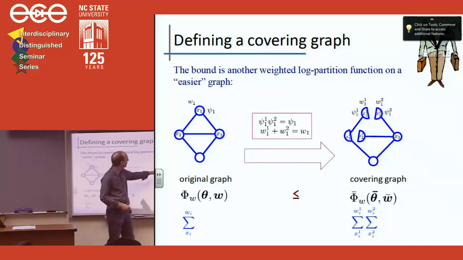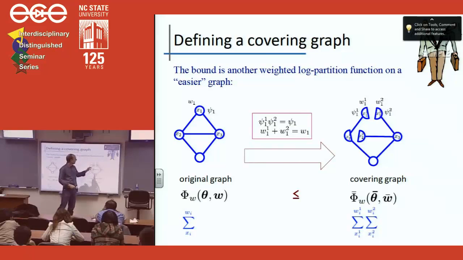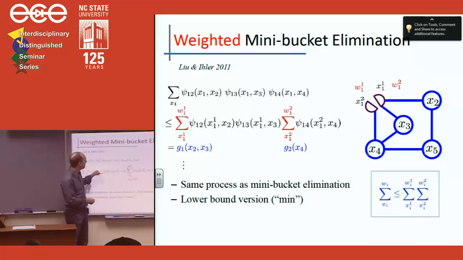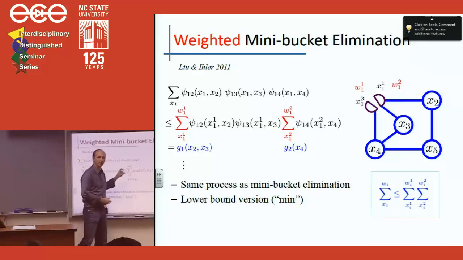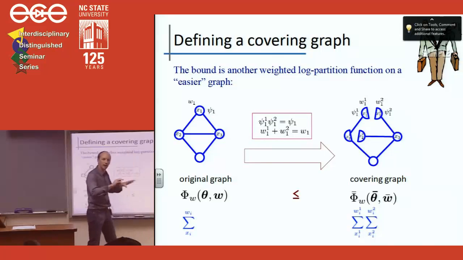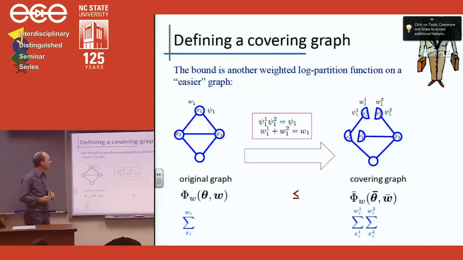I also can choose my functions that are associated with either of those copies. So over here, we just sort of took the default thing. We had 3 functions. We put 2 of them over here and 1 over there. But we could multiply this by anything as long as we divided by it over here. So we're allowed some freedom of choice in what we allocate between those 2 copies as well.